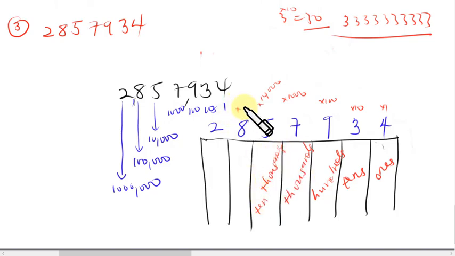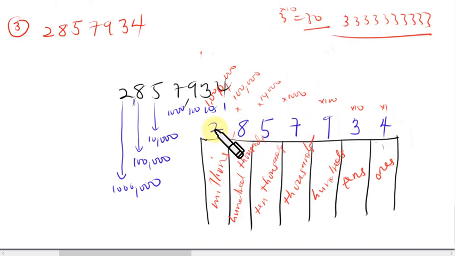The 8 is at the hundreds of thousands, so we have the 100,000s position. And times 10, this will be at the millions position. So we say 1, 2, 3, comma, 1, 2, 3, comma.